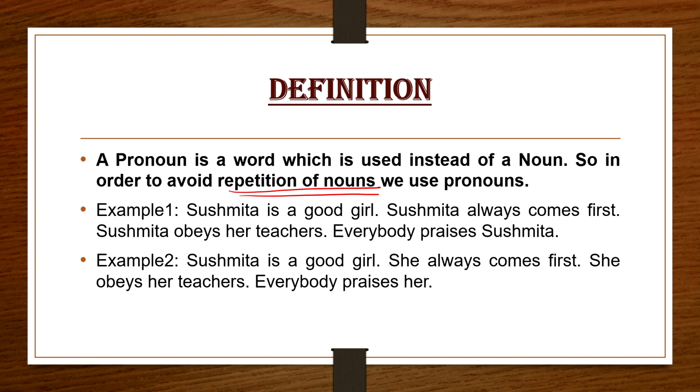Sushmita is a good girl. She always comes first. She obeys her teachers. Everybody praises her. Hence, as you can see in example 2, by using the pronouns she and her instead of the nouns, the sentence sounds much better, since we avoided the repetition of the noun Sushmita.